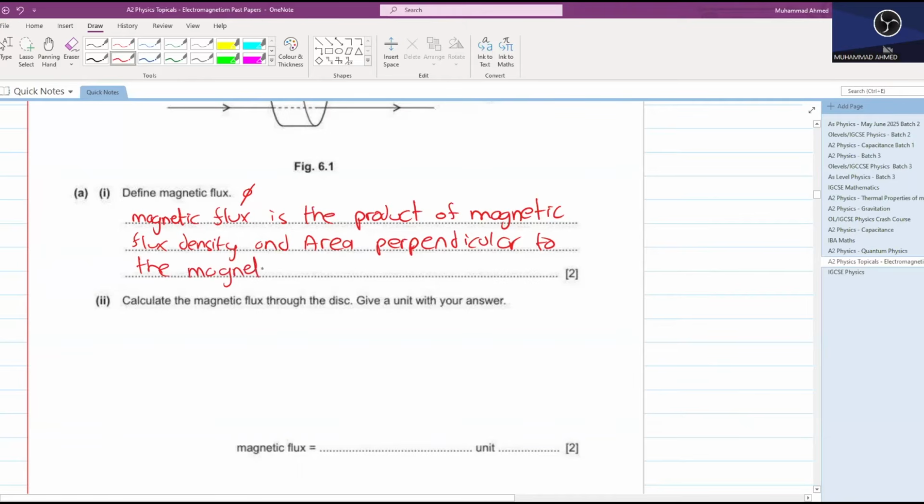Simple definition for magnetic flux. Let's move on to the next one. Calculate the magnetic flux through the disk. Give a unit for your answer. So we have to calculate phi.